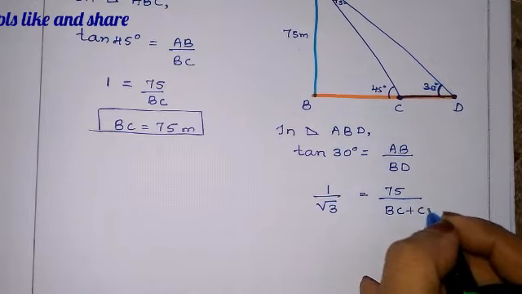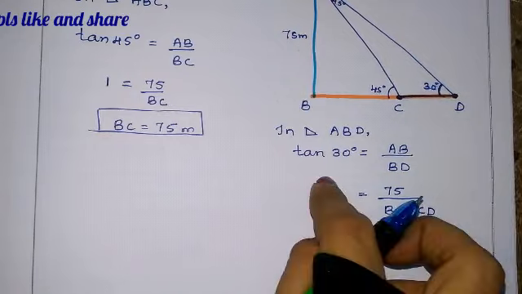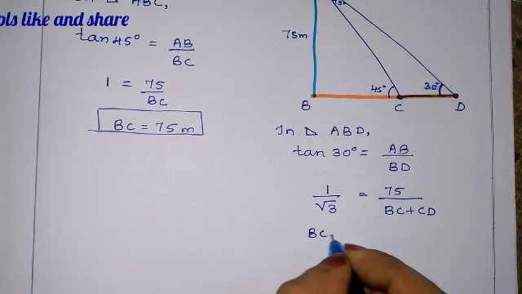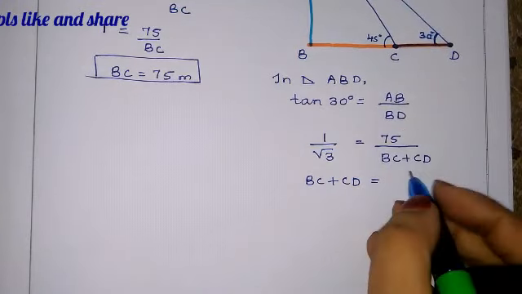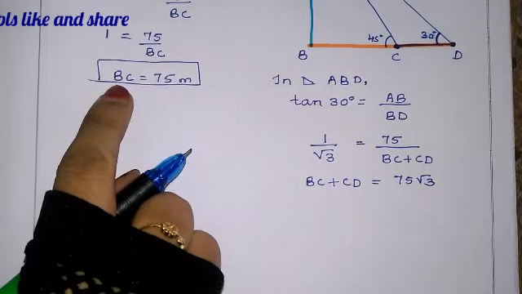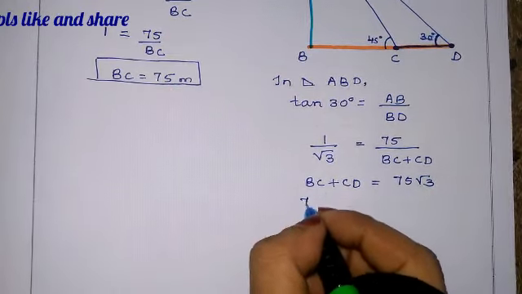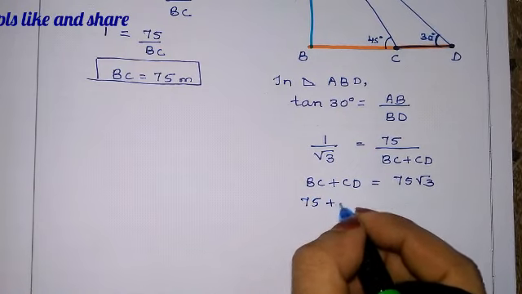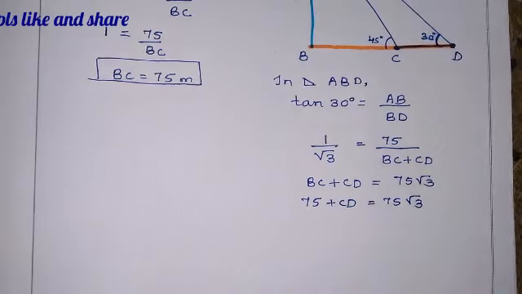Let us cross multiply now. BC plus CD into 1 is BC plus CD is equal to 75 root 3. Now we have BC value here, 75. So I will write 75 plus CD is equal to 75 root 3.